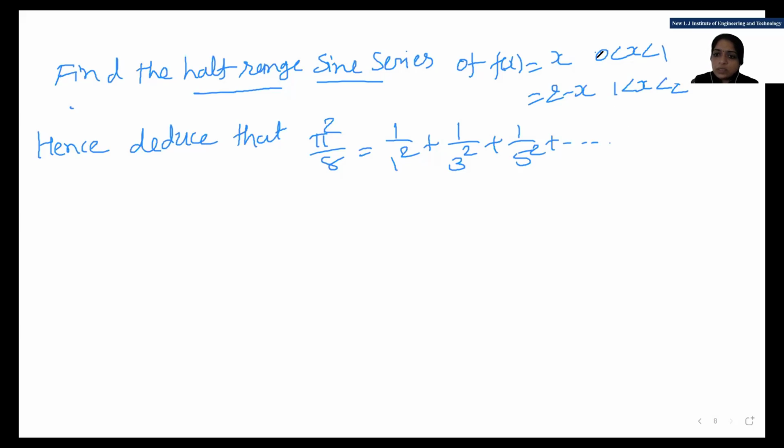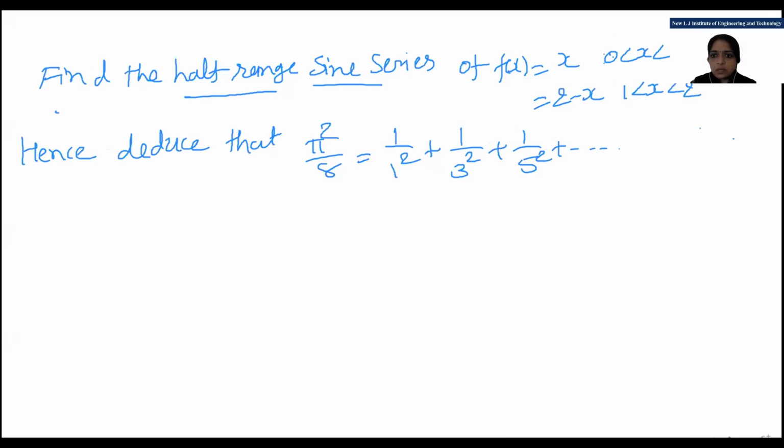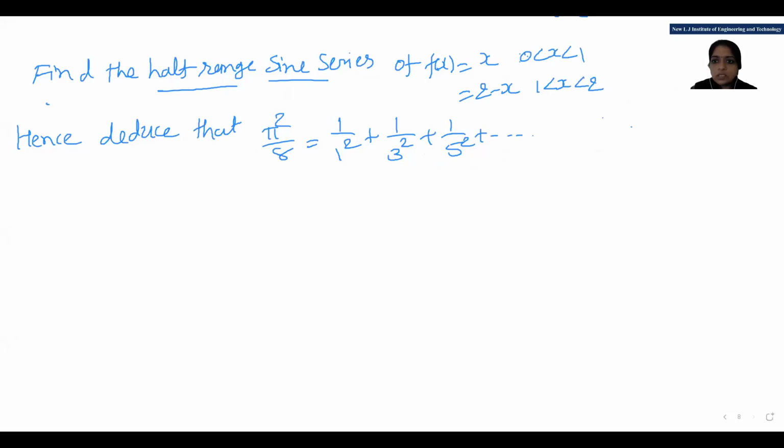Your overall integral is what here? 0 to 2. It means this is half range. So your integral is 0 to L form, right? So you have to apply the formula for 0 to L. So let's start the solution.